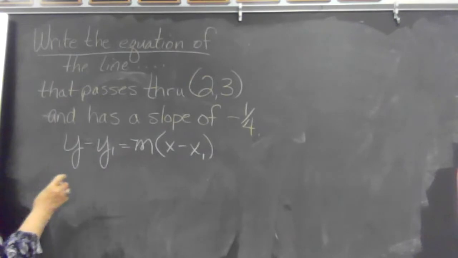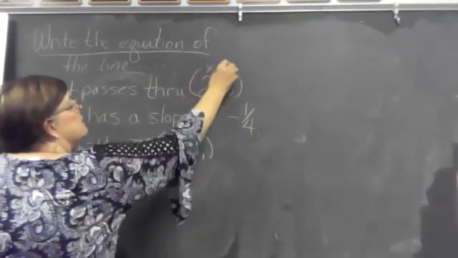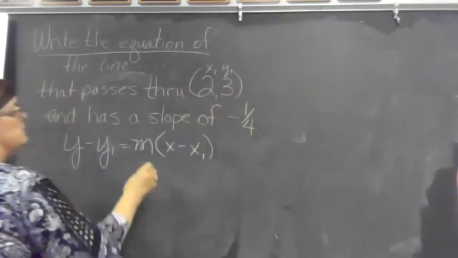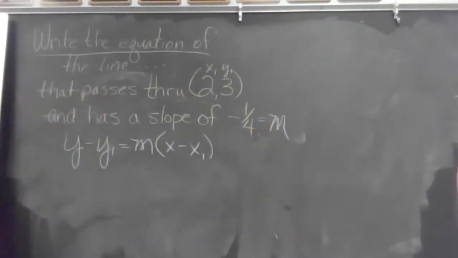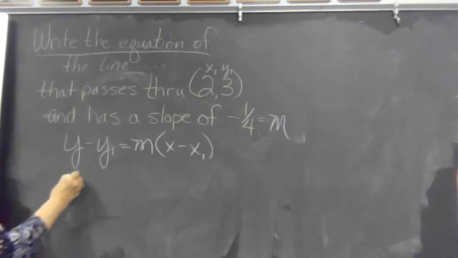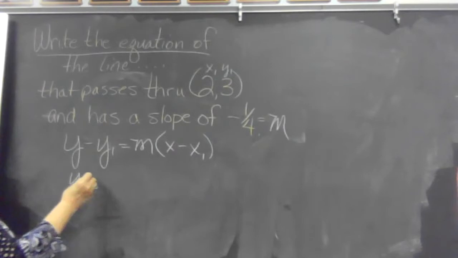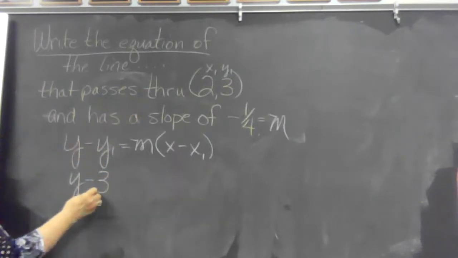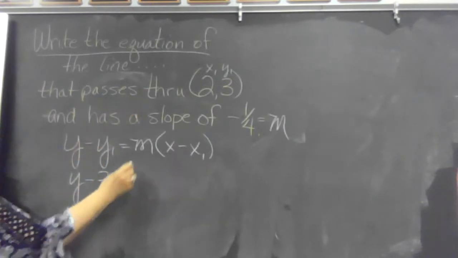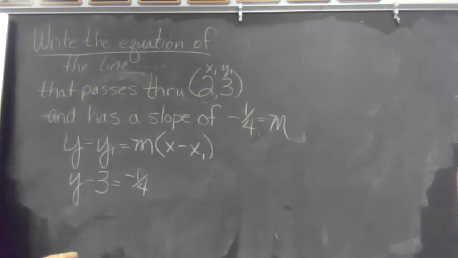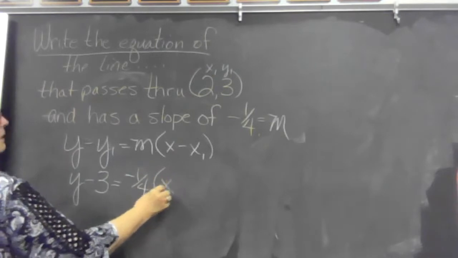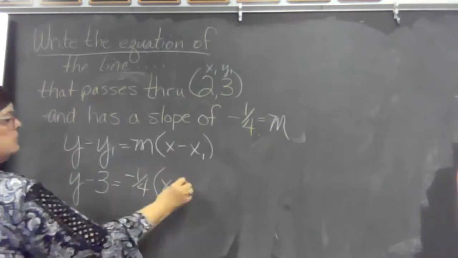So if this is x and y, and this is the slope, then all we have to do is fill it in. So we have y minus 3 equals -1/4, because they already told us the slope, times x minus 2.